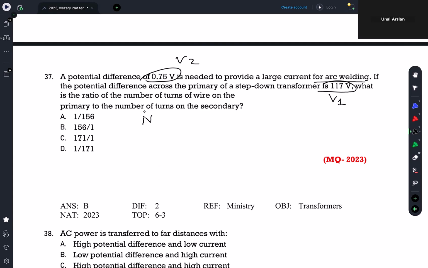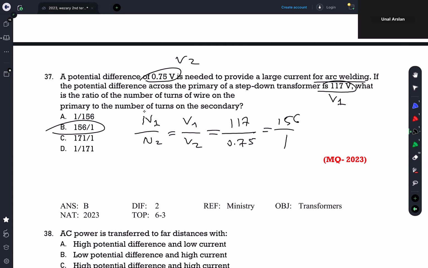That is, primary N1 over N2 is the question. N1 over N2 and V1 over V2 are directly proportional, and 117 over V2 is 0.75. So 117 divided by 0.75, it's going to be 156 over 1. So B is the correct answer.